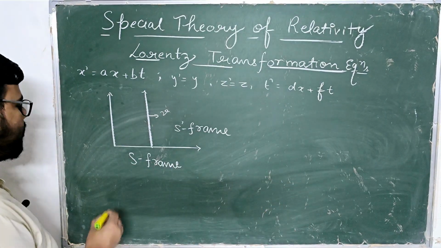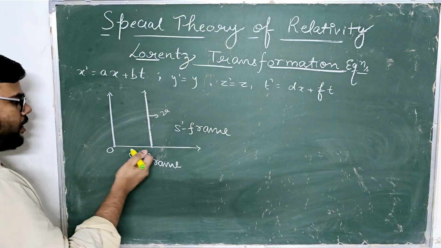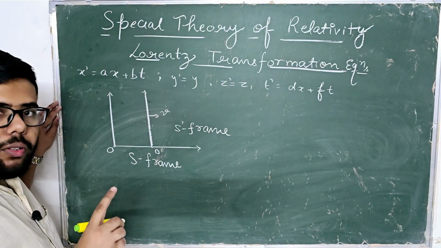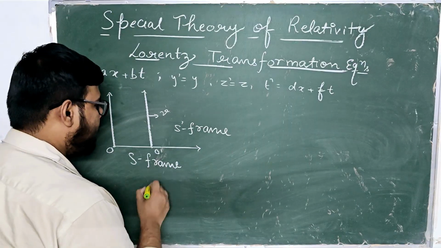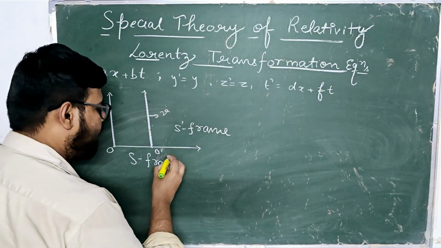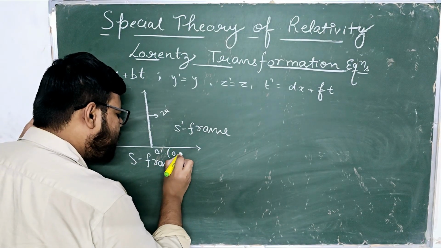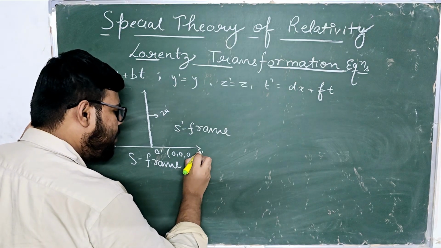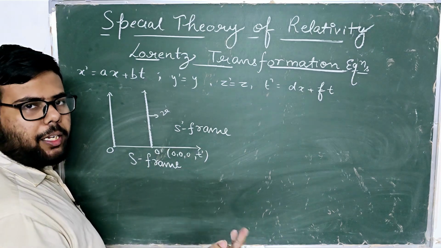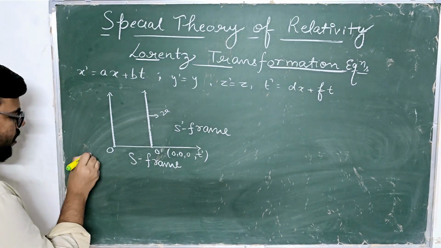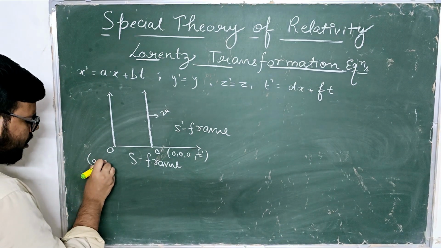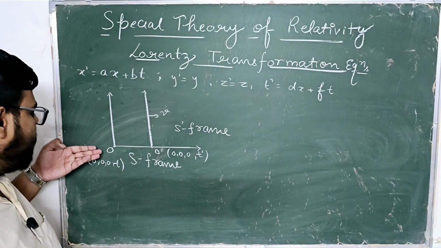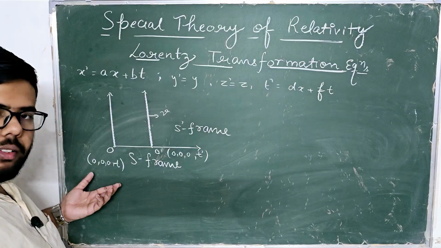So this is the origin for this, and this is the origin for this. Okay, so what are the coordinates of O prime with respect to the S dash frame? It is 0, 0, 0 and some time t prime. And this is 0, 0, 0, t. For the S frame, the coordinate of O is this.